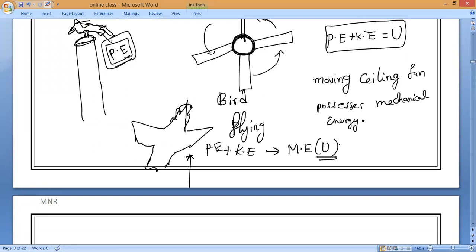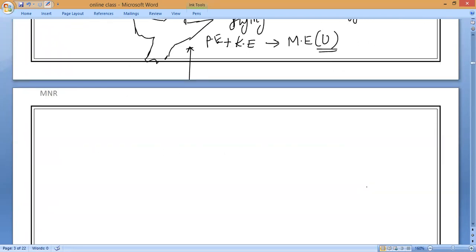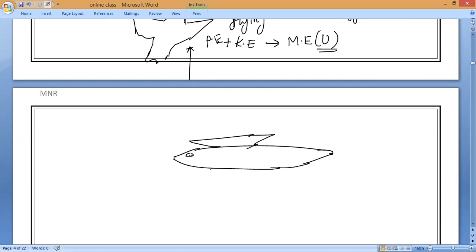You have to remember. Like that, a flying aeroplane or helicopter, whatever you take, or a hot air balloon, it is flying above the ground, so it is having both potential energy as well as which energy, guys?